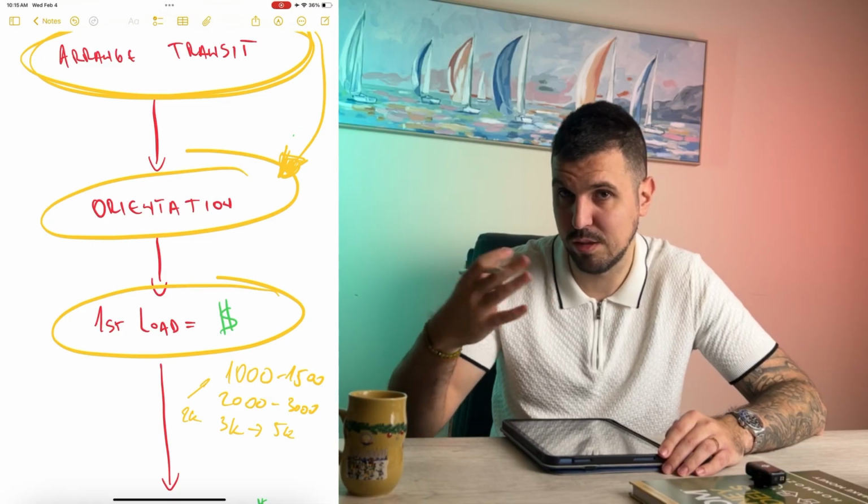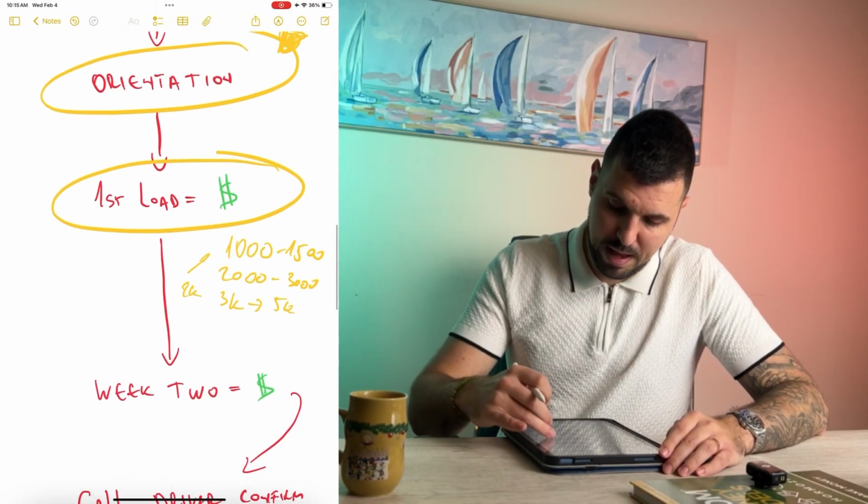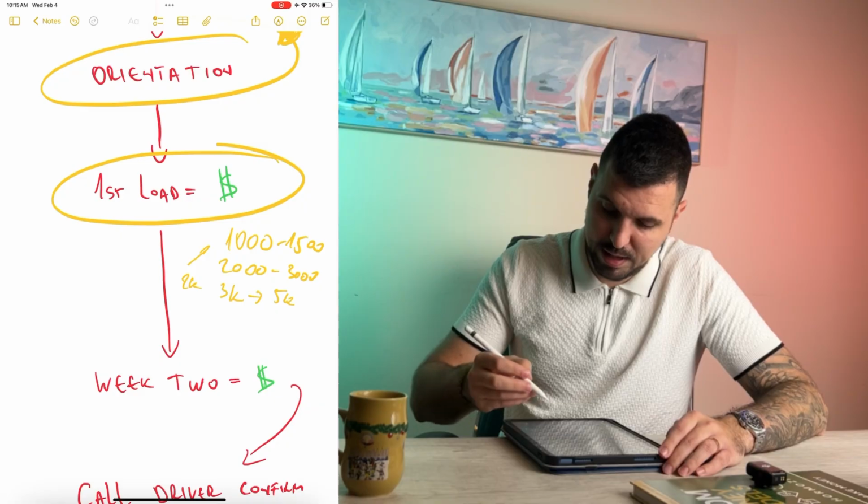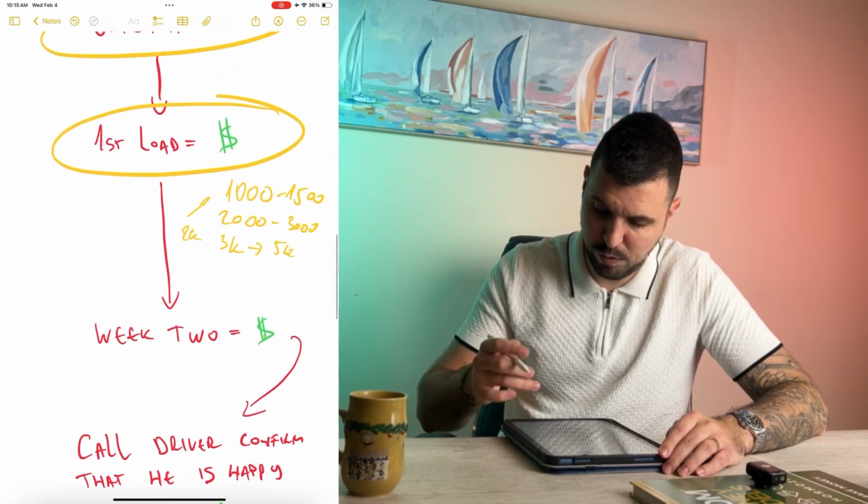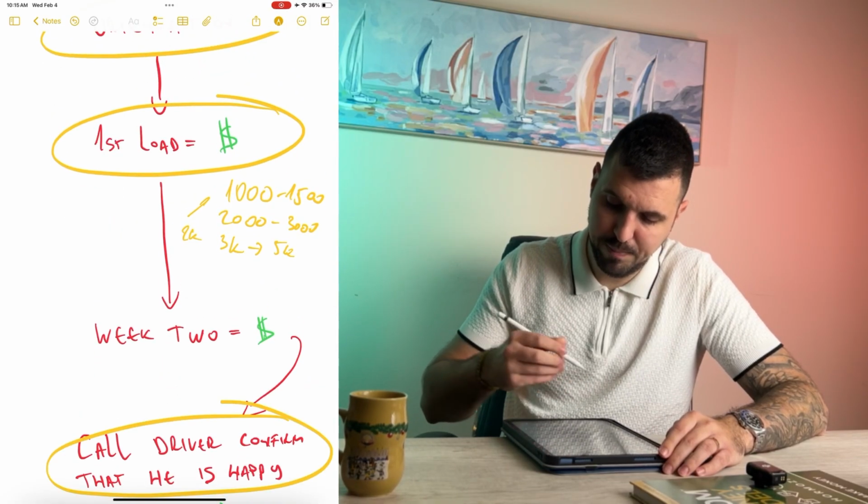So when it's a good market, it's also good for recruiting. And after 2 weeks, you get a second cash. You call the driver to confirm that he is happy.